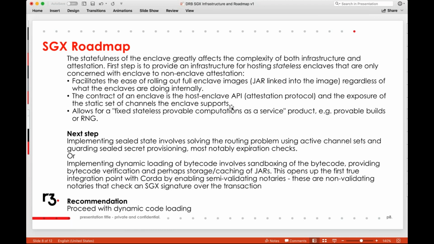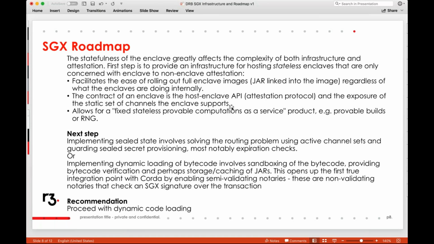Okay, so the roadmap is split up into 4 chunks of work. That's kind of the question of the CRB: how do we sequence the major chunks of work? The first chunk is going to be stateless static enclaves.